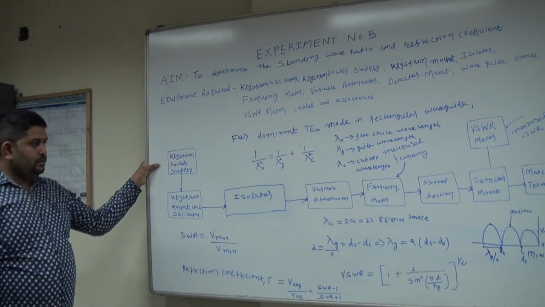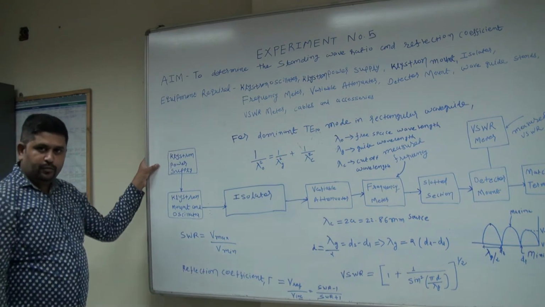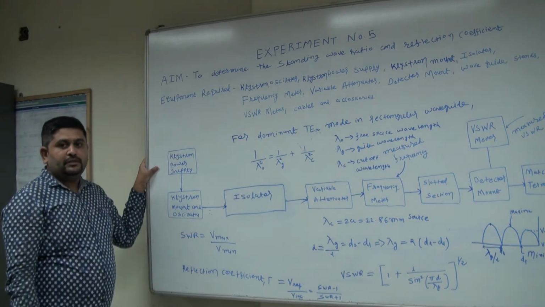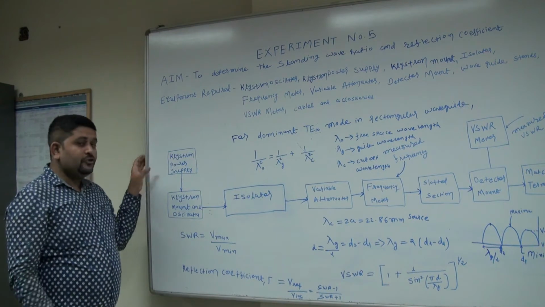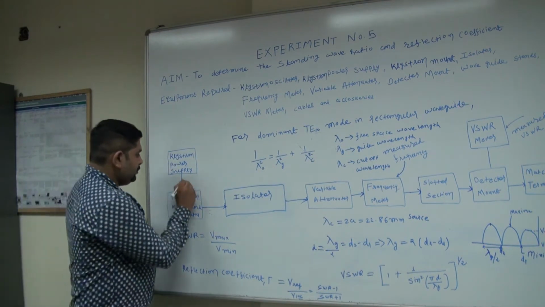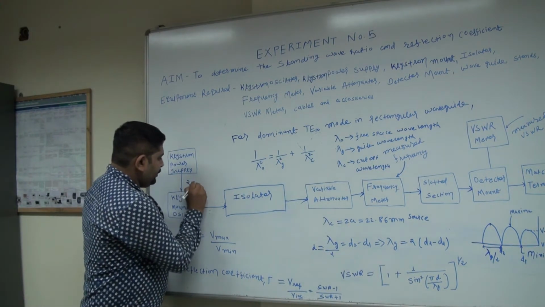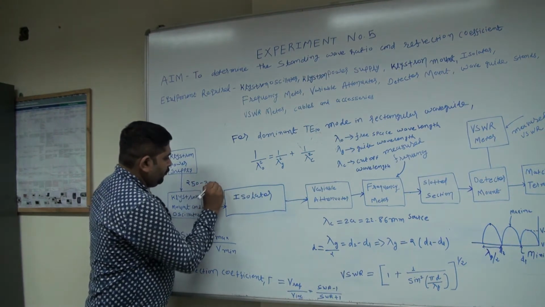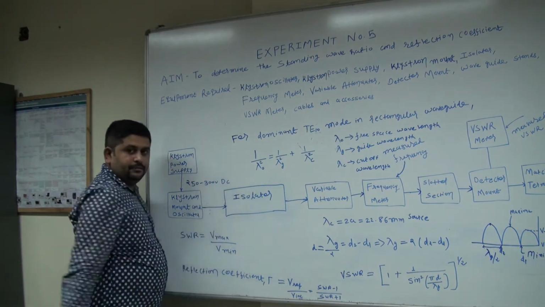Input power supply is a klystron power supply, and this power supply is a high DC voltage, and the range of this high DC voltage is 250 to 300 volt DC.